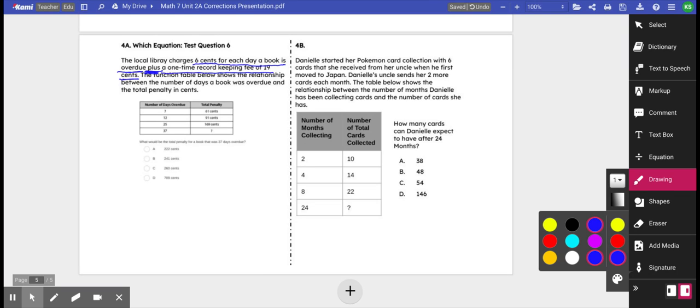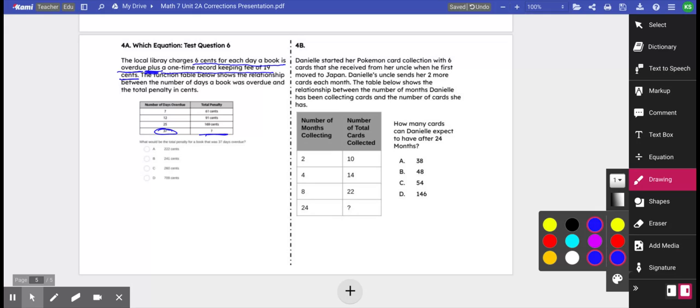So 6 cents a day plus 19 cents, one charge of 19 cents. The function table below shows the relationship between the number of days a book was overdue and the total penalty in cents. So they want us to figure out for 37 days, how much would my fee be?